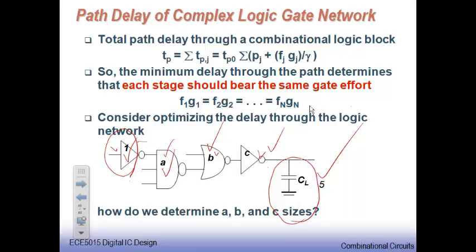Now what is my first aim? Number of stages. How many stages do I have? 4 stages I have. The first stage with a size of 1. In proportion to that, how much should be A? In proportion to A, how much should be B? How much should be C? And how efficiently will this drive the 5 farad?